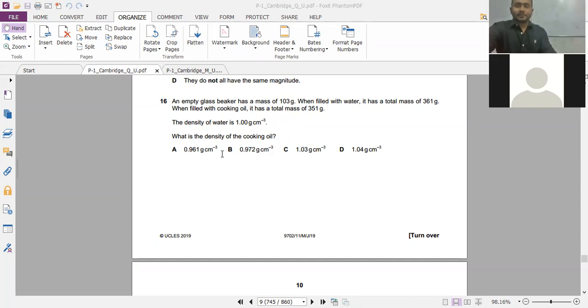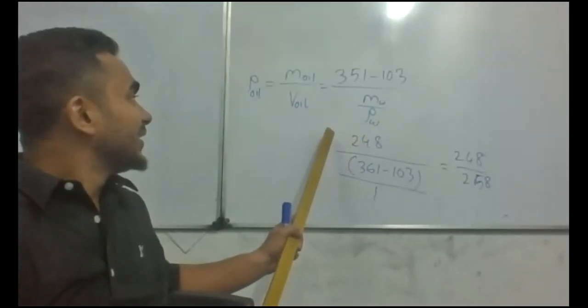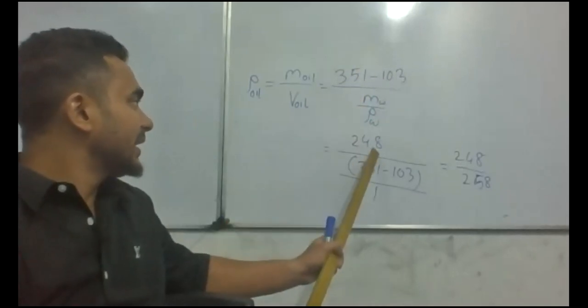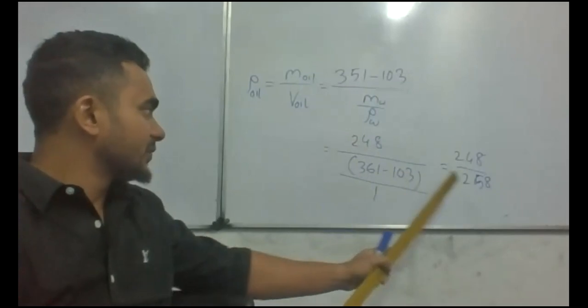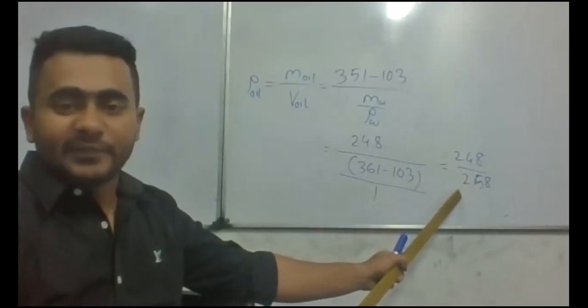বুঝতে পেরেছেন? আমি আরেকবার স্ক্রিনটাকে দেখাচ্ছি। খেয়াল করেন, the values are 351 minus 103 is 248 and 361 minus 103 is 258, thereby this is 248 divided by 258.